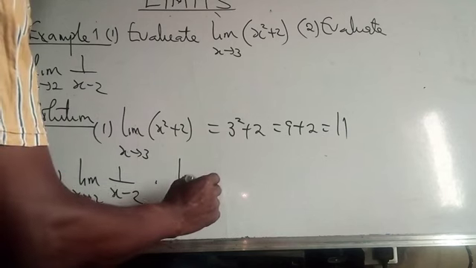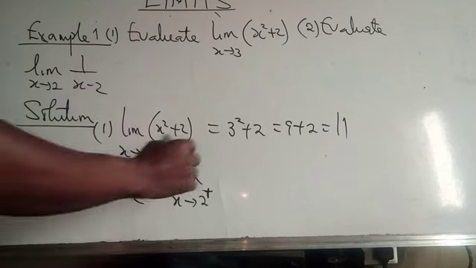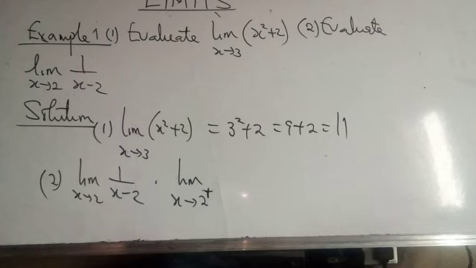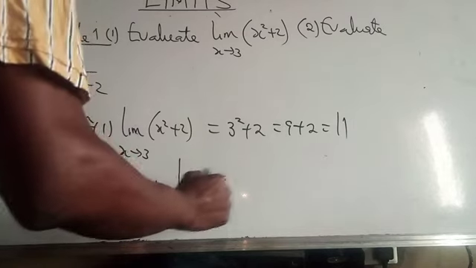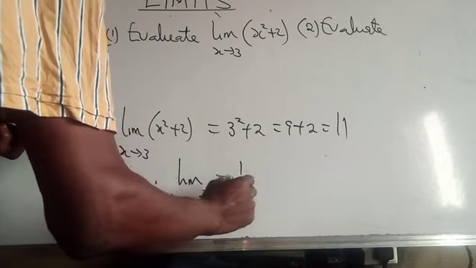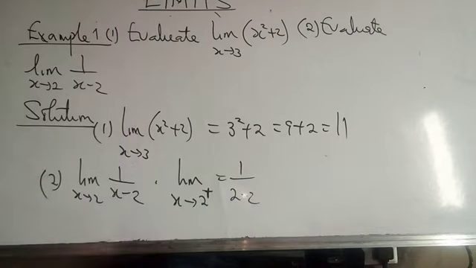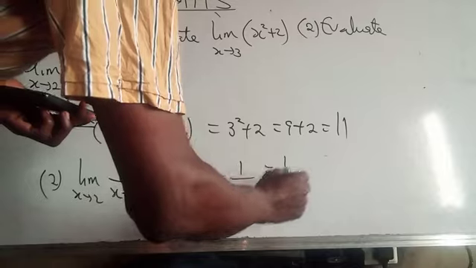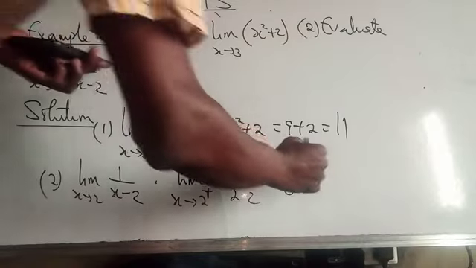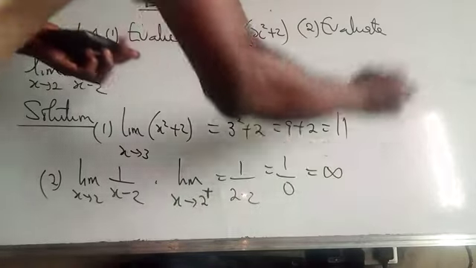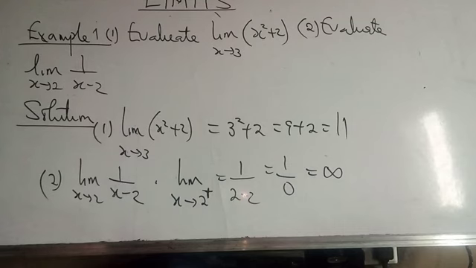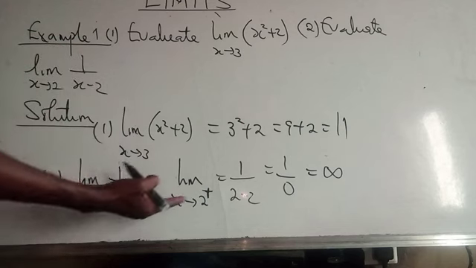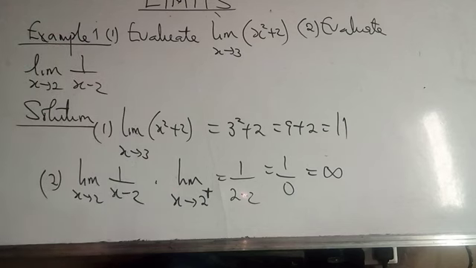The 2 plus here does not mean plus 2, please. It means that you are starting your limit from the right hand side. So that's 1 all over 2 minus 2, which gives us 1 all over 0. That will give us infinity, it's undefined. But this infinity is positive, because we are starting from the right hand side.